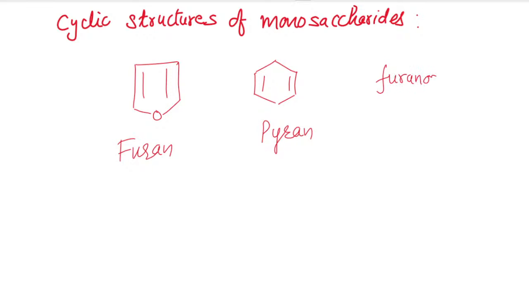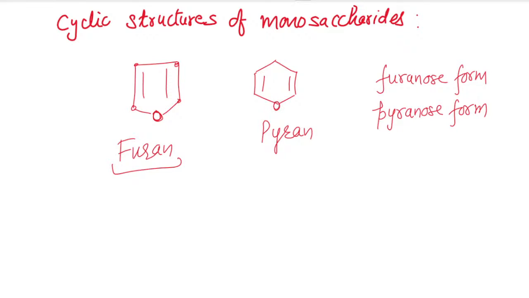One is furanose form, and 6 membered rings containing one oxygen atom, because of its resemblance with pyran, they are called pyranose form. See, this is furan, 5 membered ring with one oxygen atom.